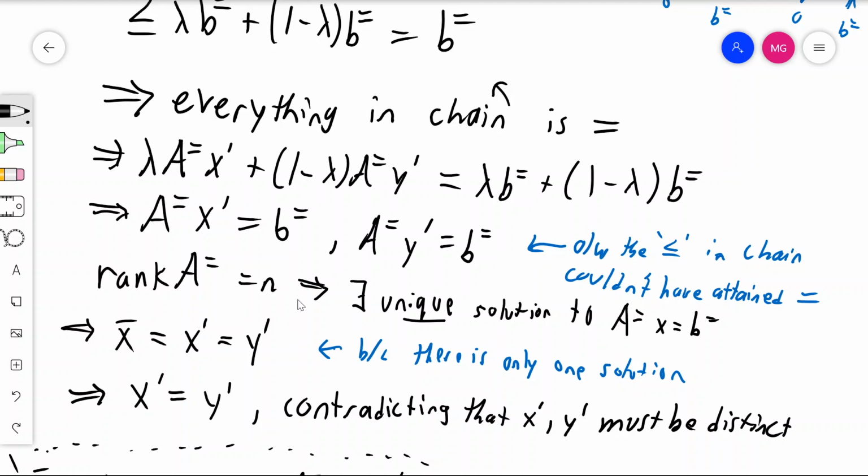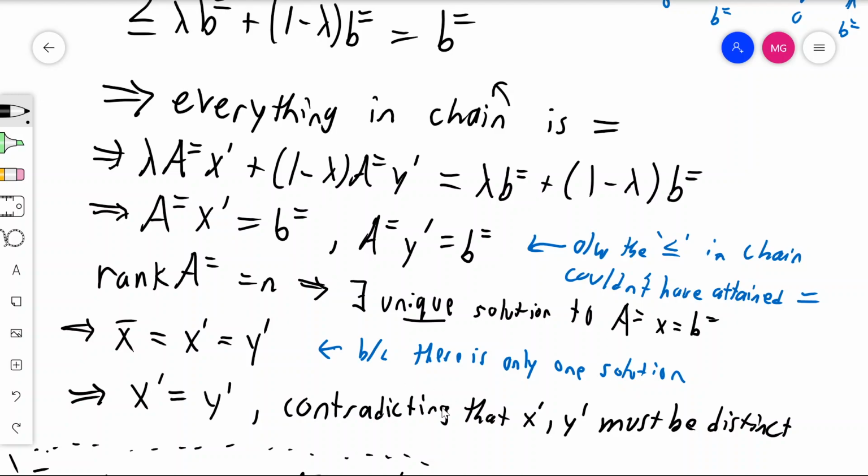On the other hand, we just showed that x prime and y prime also satisfy that system. So that must mean that x bar is equal to x prime and y prime, because there's only one solution. These things are all the same thing, and in particular, x prime equals y prime.